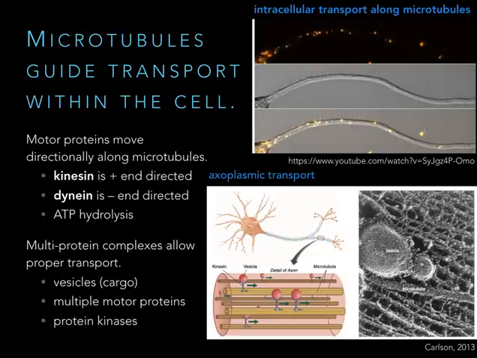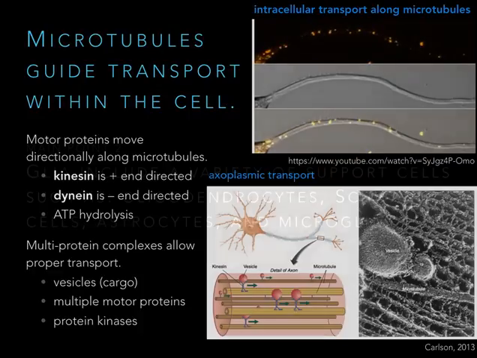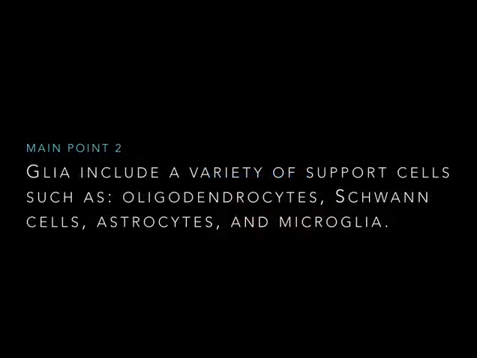So this is how a neuron with its cell body in our spinal cord can still send proteins down to a synapse, maybe in our big toe, to allow us to actually control muscles, even though they're very, very far away from the cell body. It takes some time, but because of the directionality of microtubules, the cargo will always get to where it needs to go.